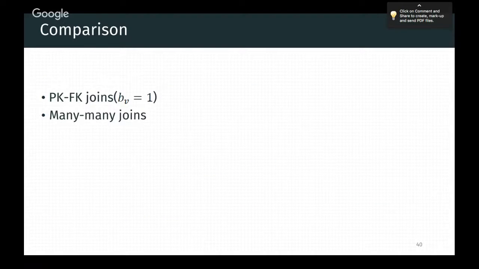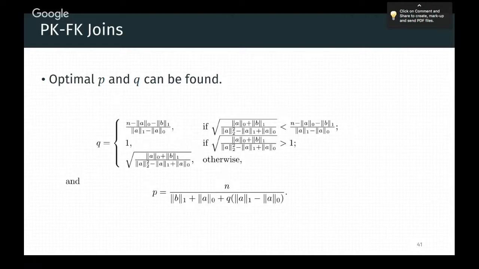We compare these methods for primary key-foreign key joins, where B_v equals 1 for all v in B, and for many-to-many joins. We can see that when the second-level sampling probability equals 1, our two-level sampling method degenerates into correlated sampling because we do not do sampling at the second level.